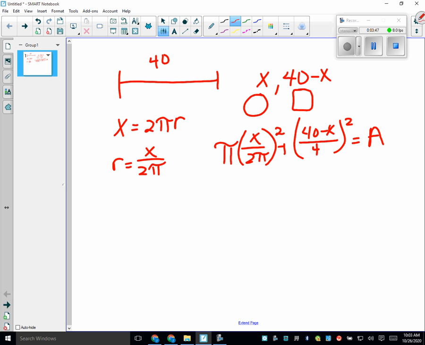I need to simplify it a little bit before I take the derivative. What is this simplified? Well, isn't it 4 pi squared on the bottom?